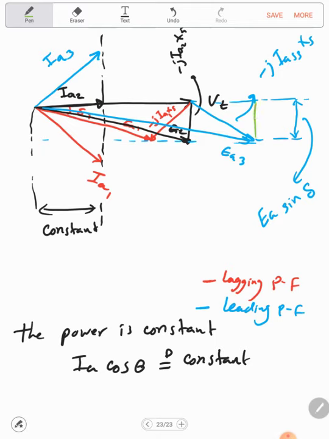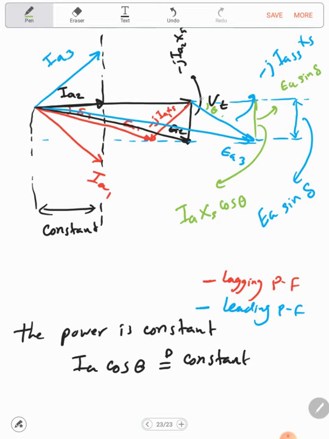This one from here to here is EA sine delta, and because this angle is theta, this also equals IA XS cosine theta.